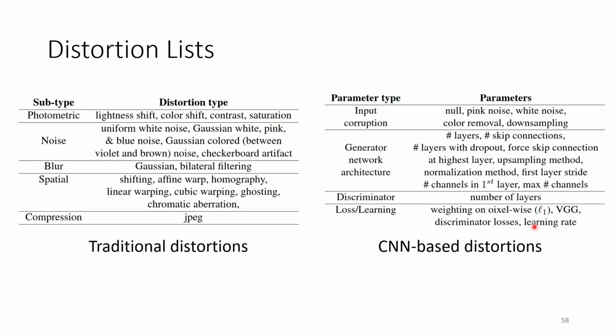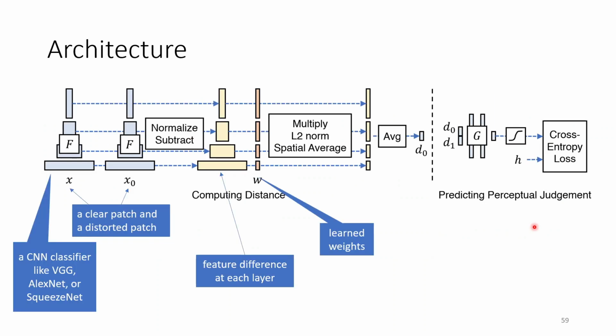Okay, so their method is somehow very simple. Given an existing convolutional neural network like VGG or AlexNet or SqueezeNet, any kind of discriminative convolutional network, and given two patches, x and x0, the convolutional network was pre-trained on ImageNet.